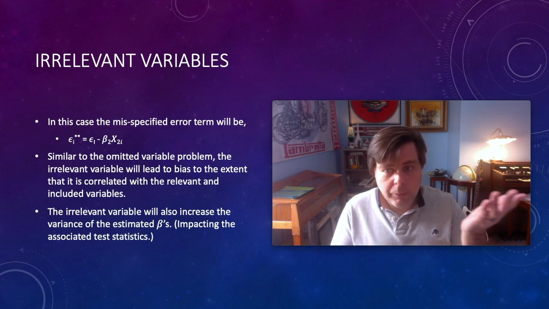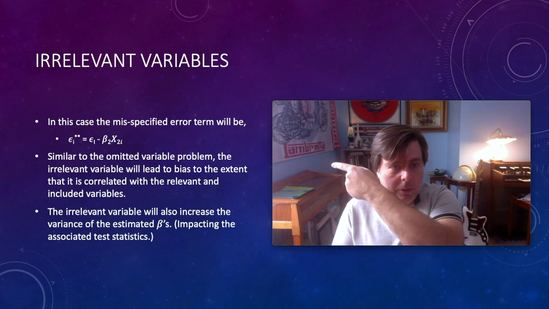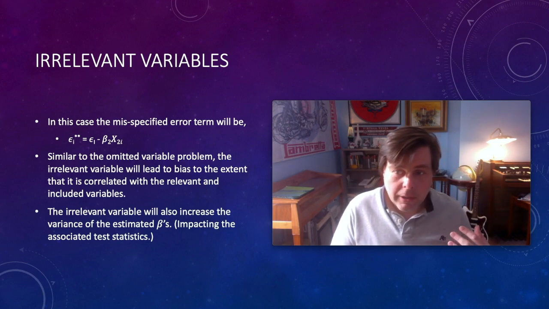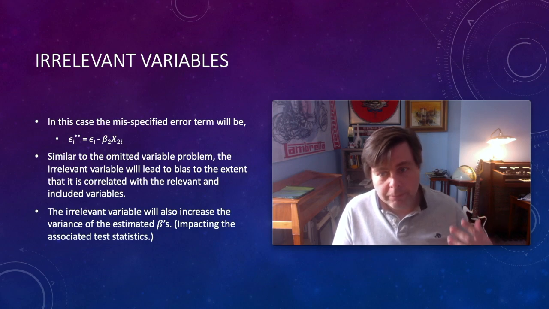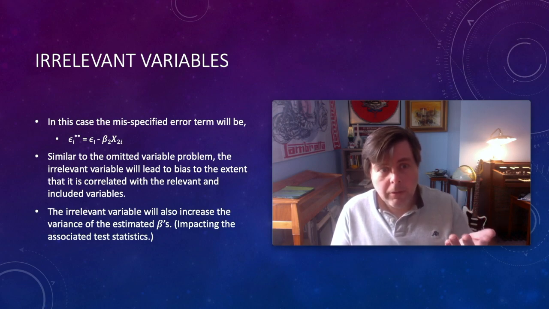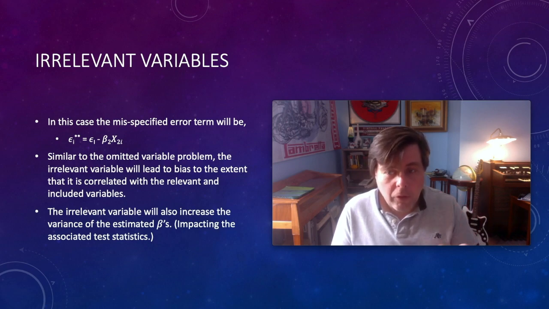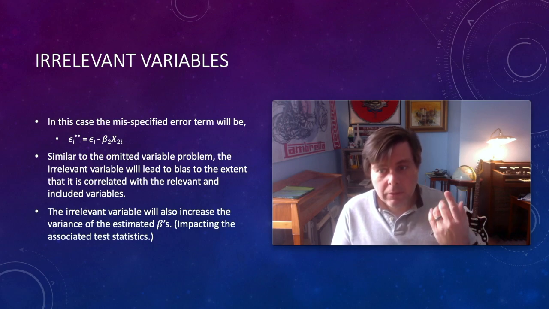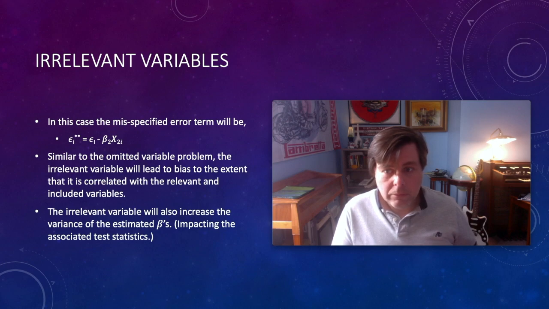And so here, we have that our hypothesized error term, E double star, ends up being the true error term minus the falsely specified variable x2 times its estimated coefficient.